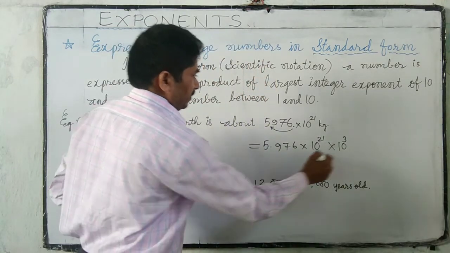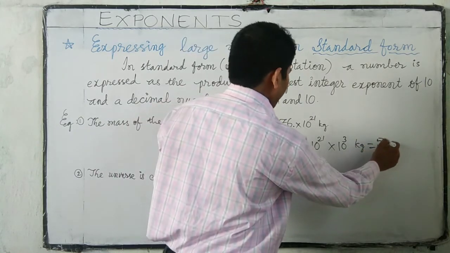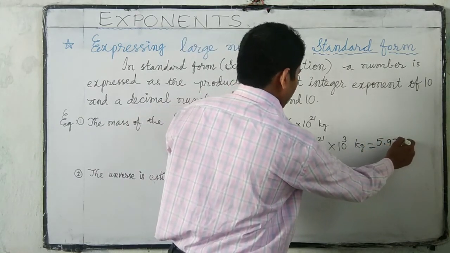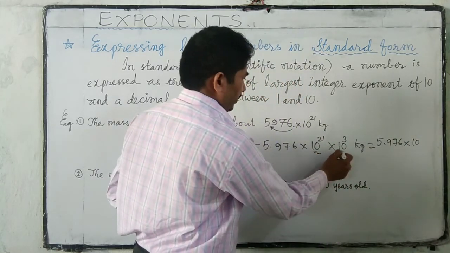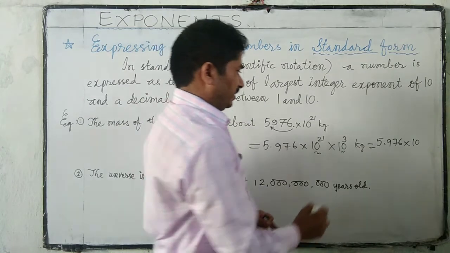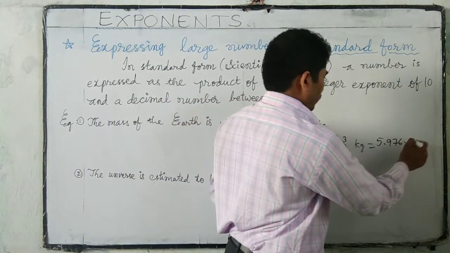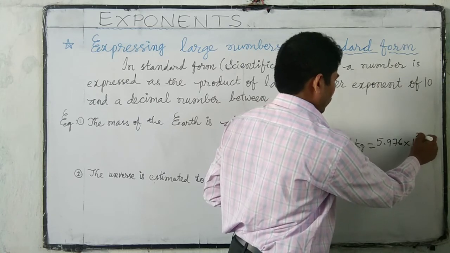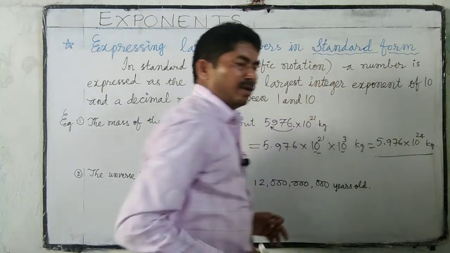So final answer is 5.976 into 10 to the power of, here the bases are same, so powers should be added, 21 plus 3, 24 kg. So this is the final answer.